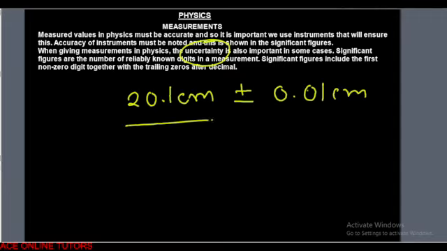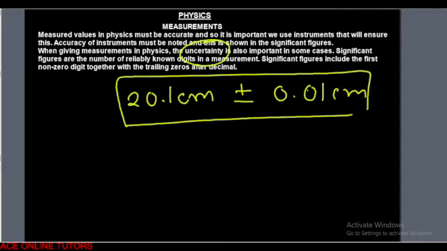This is the uncertainty of this particular measurement. The uncertainty of a meter rule is 0.05, because the uncertainty is just half of the smallest division that you have.